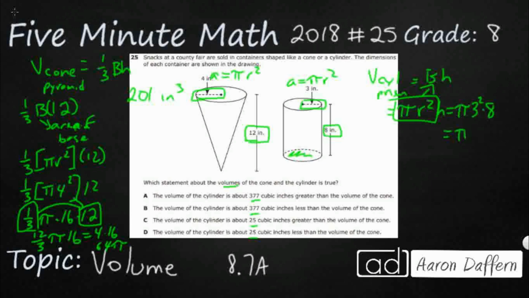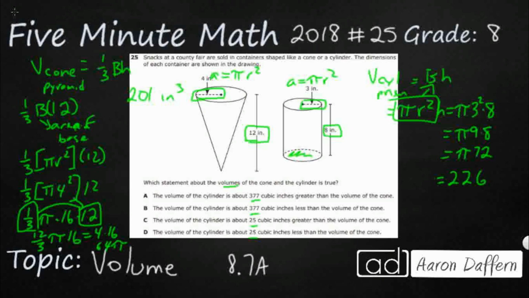Let's simplify that. 3 times 3 is 9, times 8. So I've got pi times 72, and we'll just do 72 times pi. That gets me about 226.19, but we'll keep it as the whole numbers.